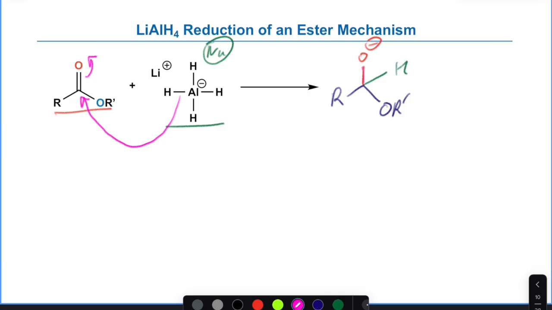Let's keep track of that. As I did this addition, left over is now aluminum with three hydrogens. The negative charge used to be on the aluminum hydride. We've transferred one H minus. That means I'm left with a neutral aluminum. It's a tetravalent aluminum to start off with. You now have a trivalent aluminum.